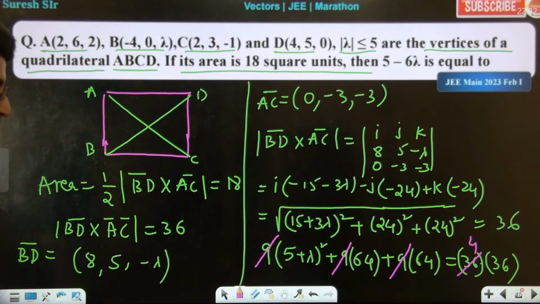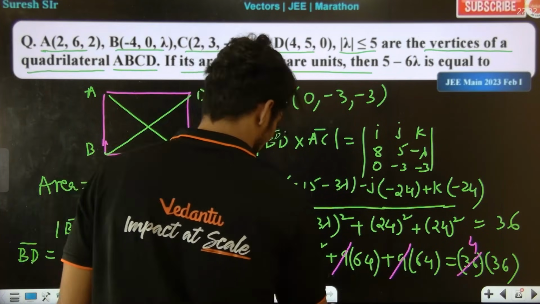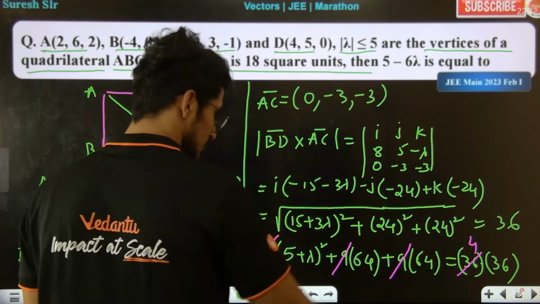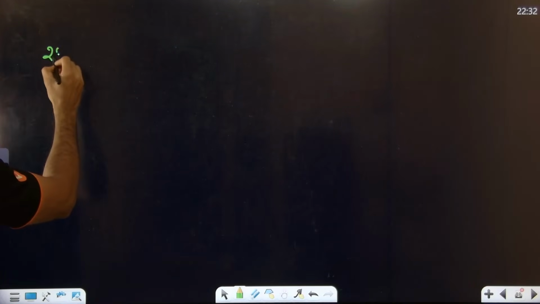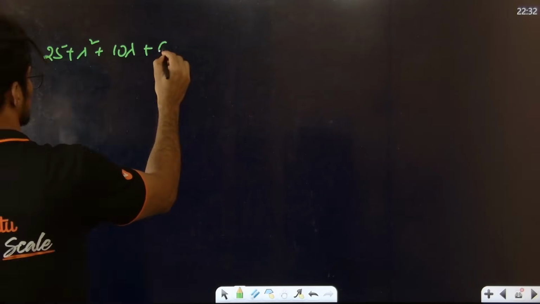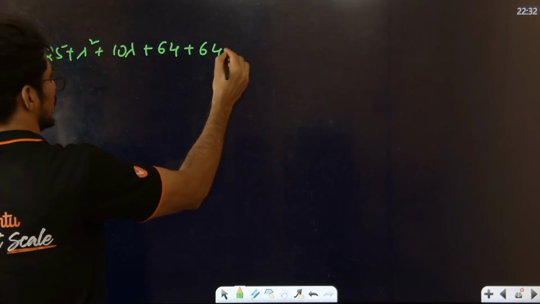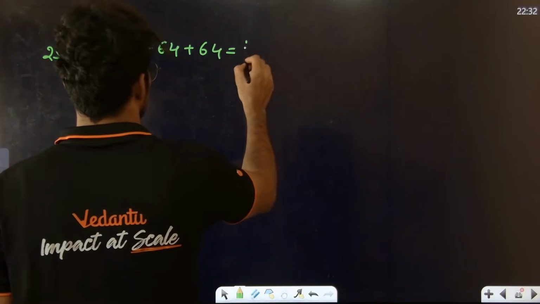Are you all understanding how we are doing this? So now what comes when we expand this? Let me go to the next slide. So 5 plus lambda whole square, which is 25 plus lambda square plus 10 lambda, plus 64, is equal to 4 into 36.